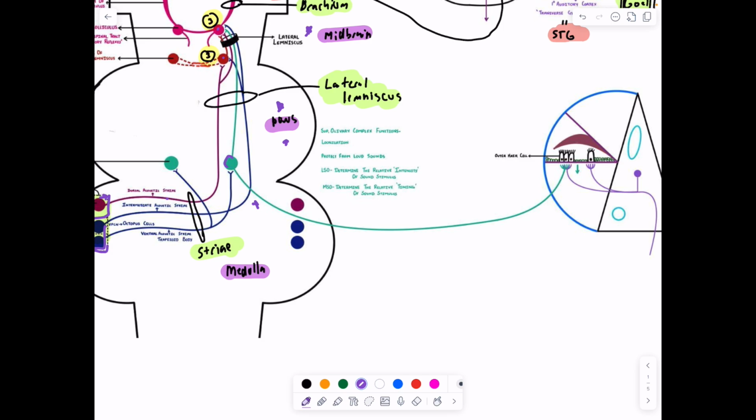This is the superior olivary complex. You see that it's synapsing with this ventral acoustic striae, but it's also going to go ahead and send out a nice little dendrite to the cochlea, and it wants to find out relative intensity of the sound left and right, and then relative timing of the sound left and right.